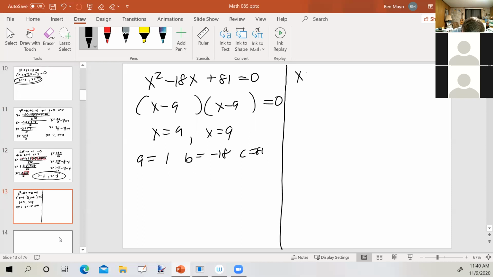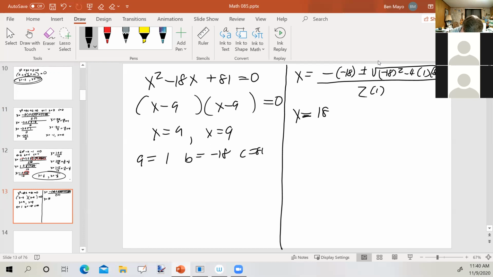So we get x equals -b plus or minus the square root of b squared minus 4ac all over 2a. x equals +18 plus or minus the square root of, let's see here, negative 18 times negative 18 is going to be a positive 324, minus 4 times 1 is 4 times 81 is minus 324, all over 2.